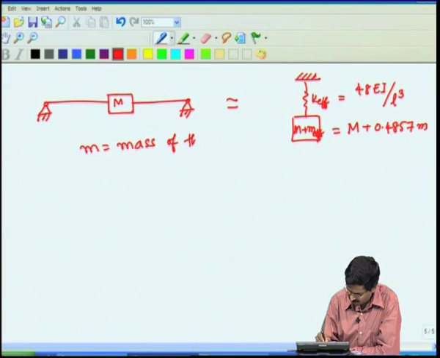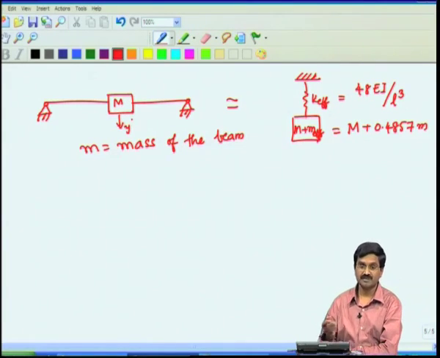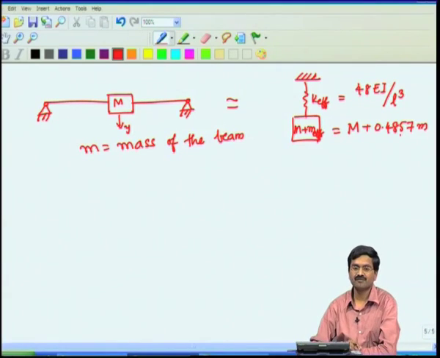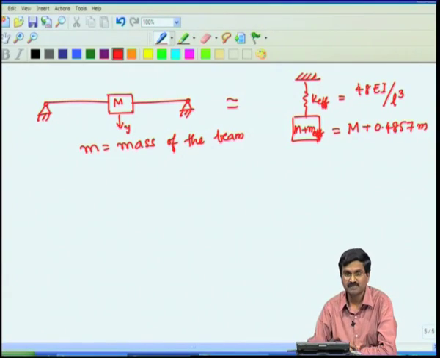So, not all of the mass is moving as much as this y dot, that is the motion of this, we said y, okay, y dot is dy by dt. This mass here is not moving at all, this mass is moving a little bit and this is moving a lot at the center. That is why only less than half of the mass of the beam becomes effective mass.